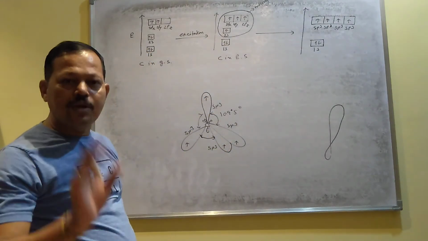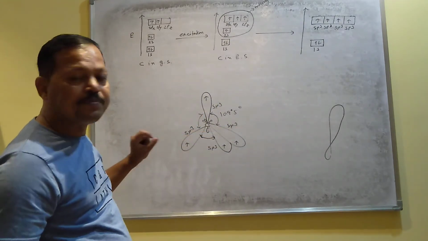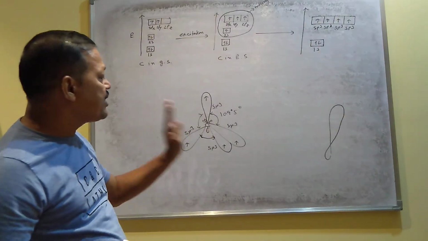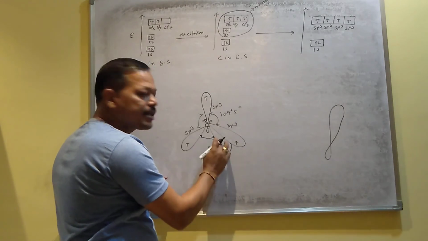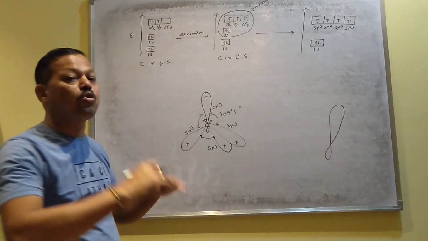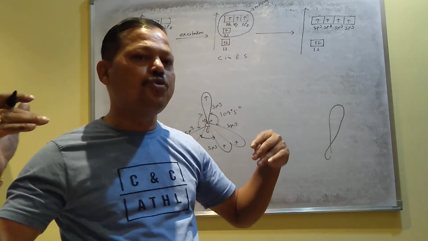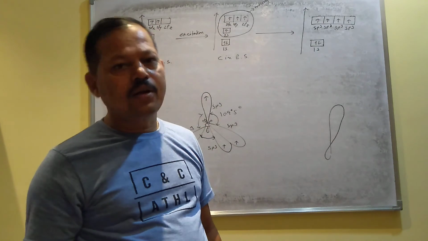Now this hybrid orbital will overlap with the 1s orbital of hydrogen, and this way they produce a bond with hydrogen. Since all the overlaps are the same, sp3 with 1s each time, in methane all the bonds are equivalent. I mean their energies are the same, and their lengths are also the same. Thank you for today.